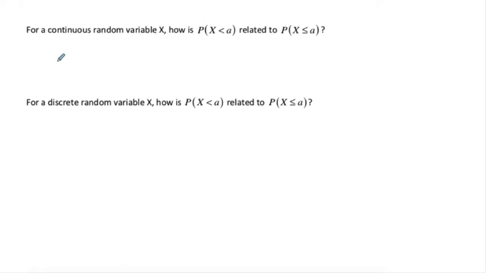If we have a continuous random variable, how is the probability of x, some random variable, less than a related to the probability of x less than or equal to a? These two are the same.